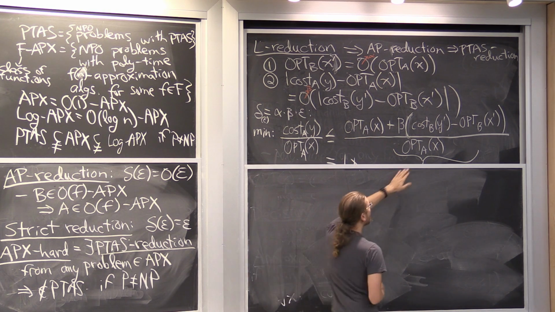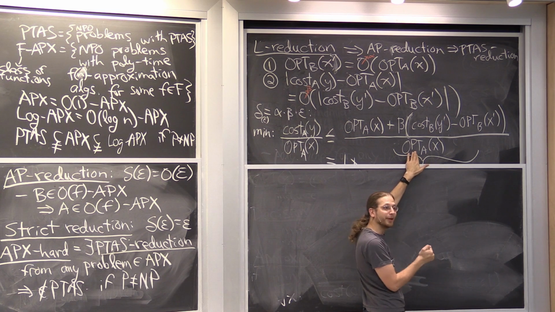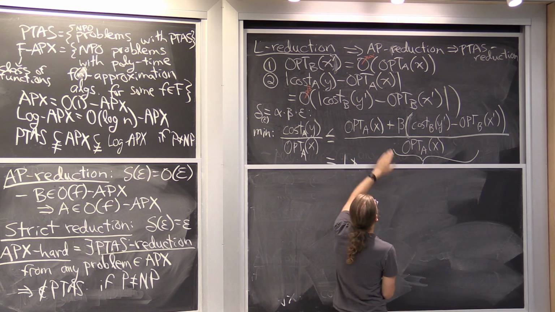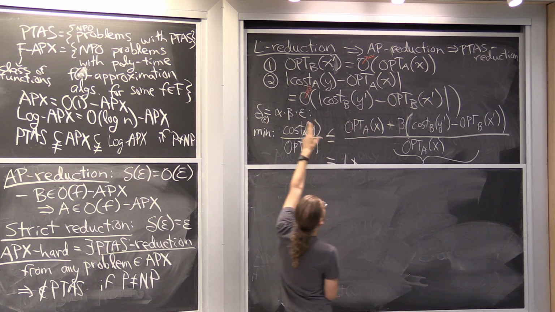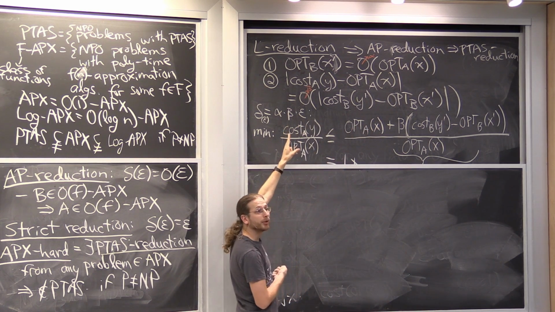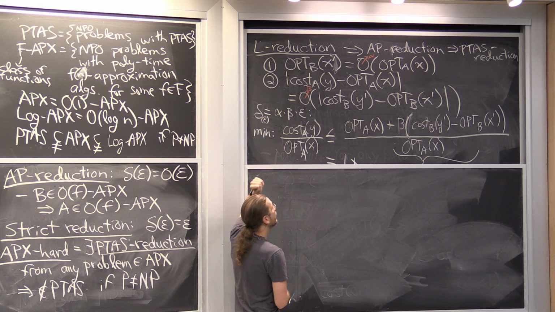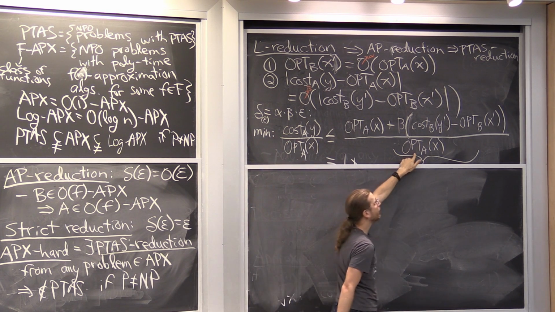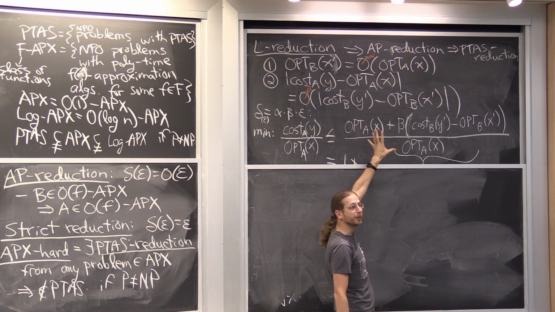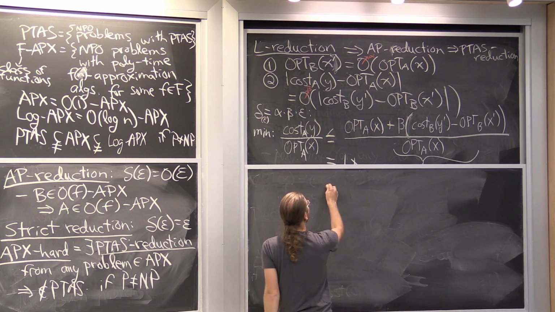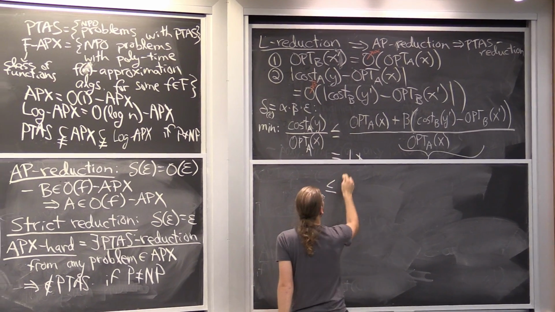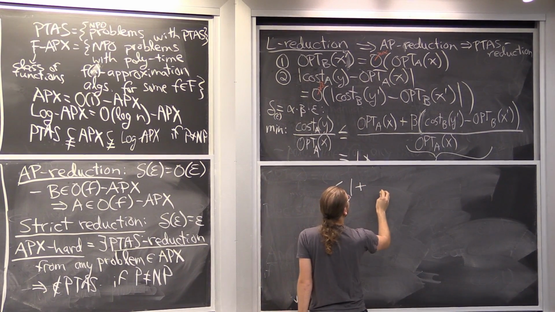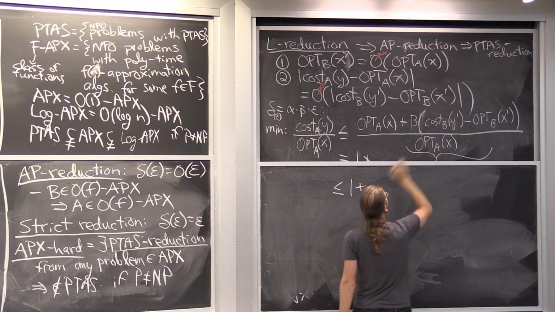Now we have opt sub a here, but it's in the denominator, which flips the relation. So we can write that relation up there as opt sub a of x is omega of opt sub b of x prime. That's the same as statement 1. And because the denominator is omega, that means the whole thing is big O. So this is going to be, at most, 1 plus.